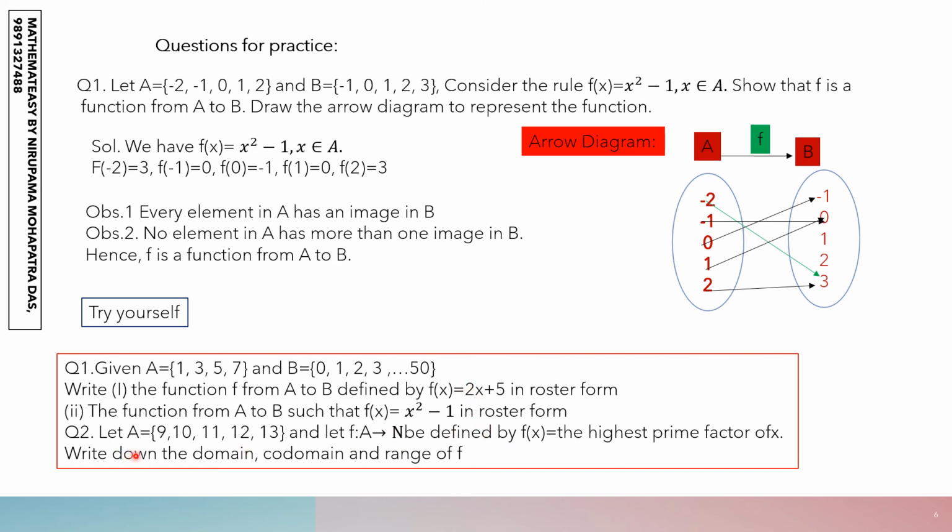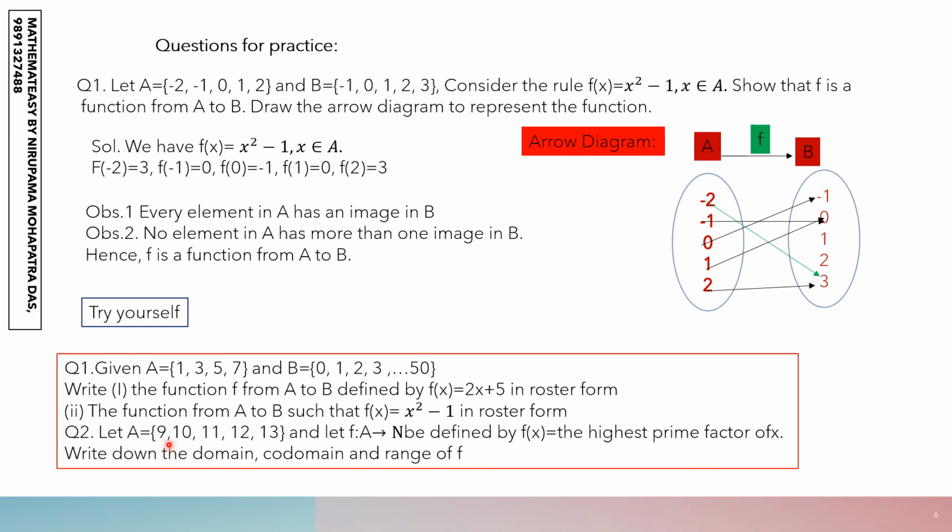Second question is, we are given set A and f is a function from A to B, the set of natural numbers, defined by f(x) equal to the highest prime factor of x. So here x belongs to A, right?